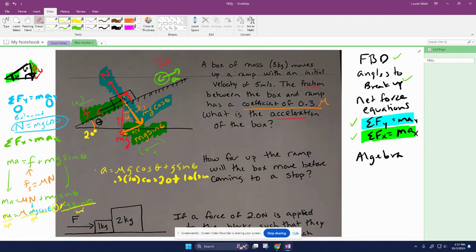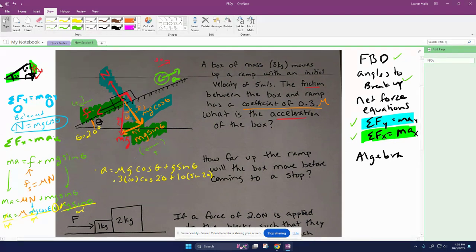I think I'm going to grab a smaller pen to make this easier to see. Alright, so we'll do a little bit of algebra, we'll plug that into our calculator, and we're going to get our acceleration.